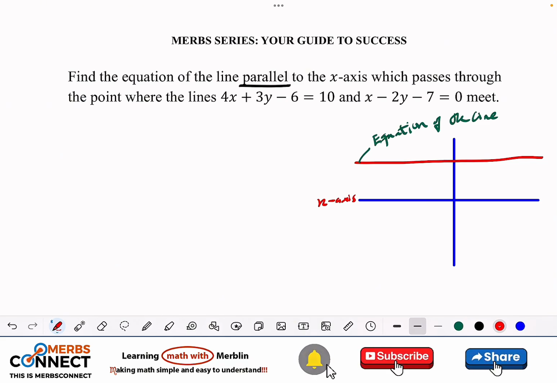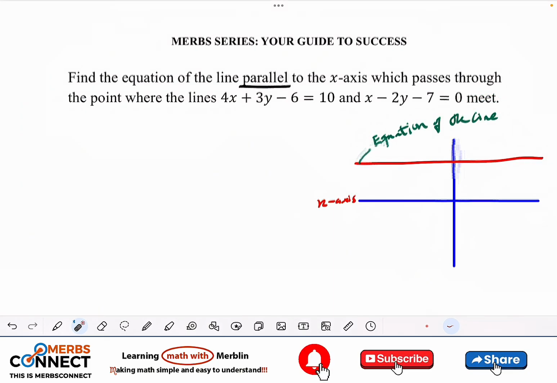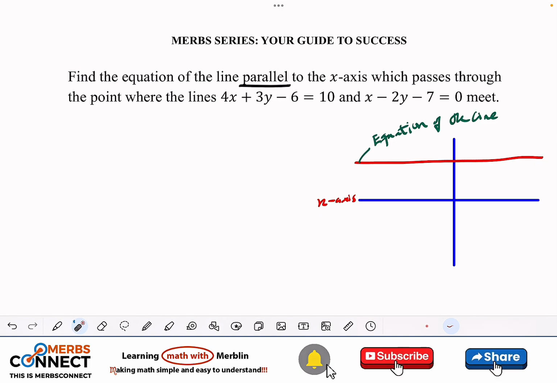So that's one thing that you need to know. The slope of the x-axis is what? 0. So if the slope of the x-axis is 0, then the slope of this equation here too should be what? 0. So that is another property that we need to think about.